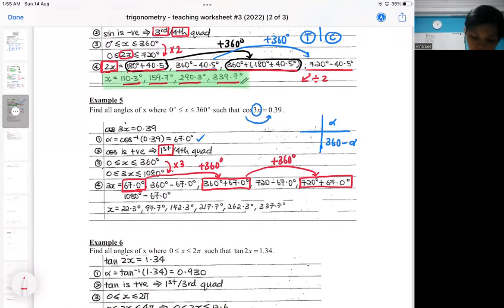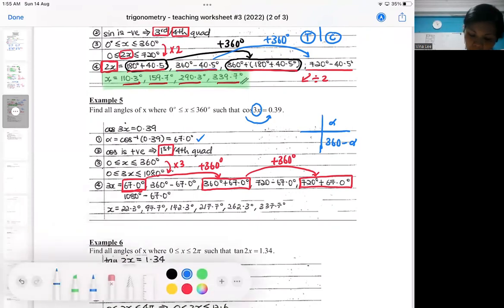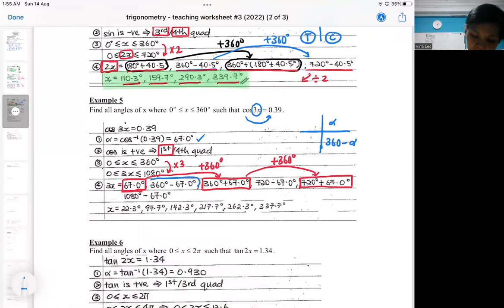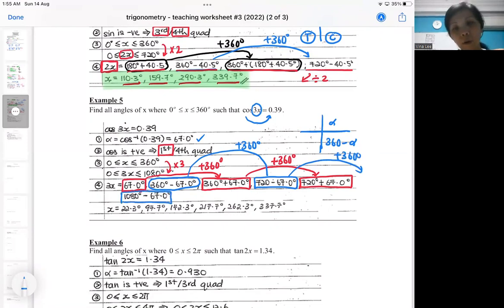So the fourth quadrant is also being visited 3 times. This is the fourth quadrant, 360 minus alpha. You add the 360. Then you add one more 360. That's how I get the 1080. So the fourth quadrant is also visited 3 times.